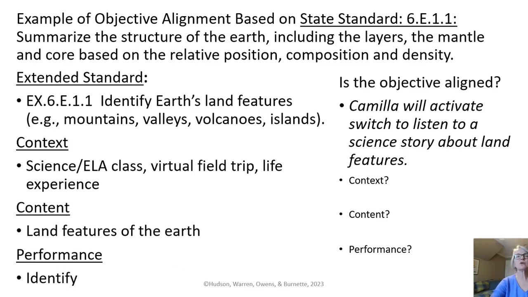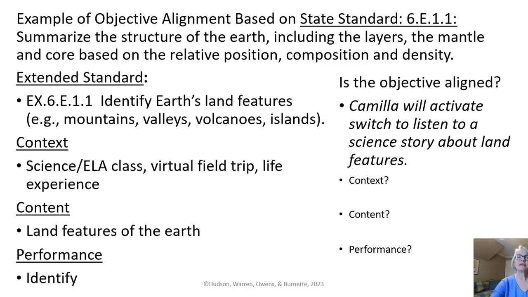This one is from the 6th grade, and it describes what students should know and be able to do at the end of the 6th grade. In this case, the state standard 6.E.1.1 states that students should be able to summarize the structure of the Earth, including the layers, the mantle, and the core, based on the relative position, composition, and density.